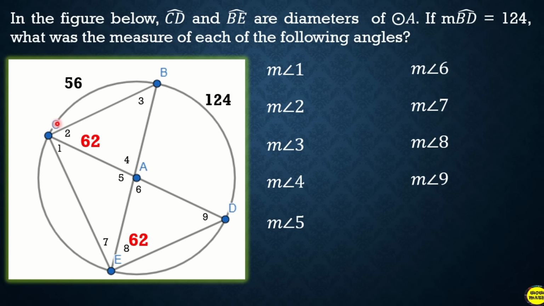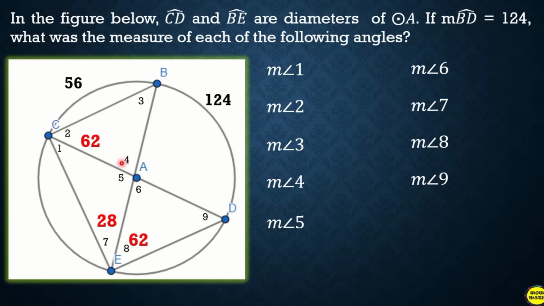Now, si CB is intercepted arc nung inscribed angle natin na angle 7. So, tingnan nyo, yung angle 7 natin is inscribed angle, tapos intercepted arc niya yung BC natin. So, therefore, si angle 7, ang measure nito ay kalahati ni 56. And that is 28. And after nito, para makuha natin si angle 4, since central angle siya, again, central angle ay equal sa intercepted arc.